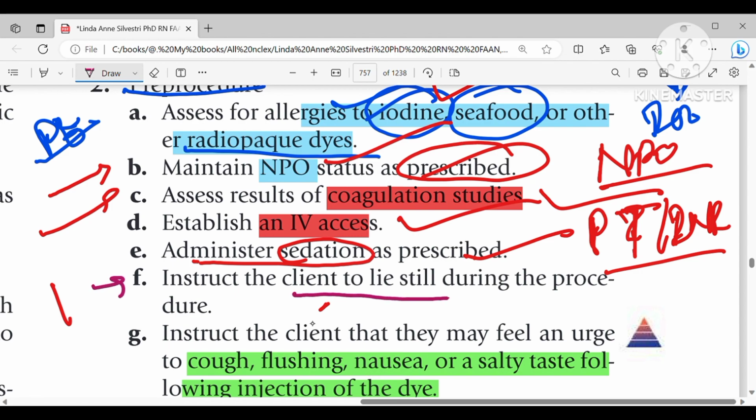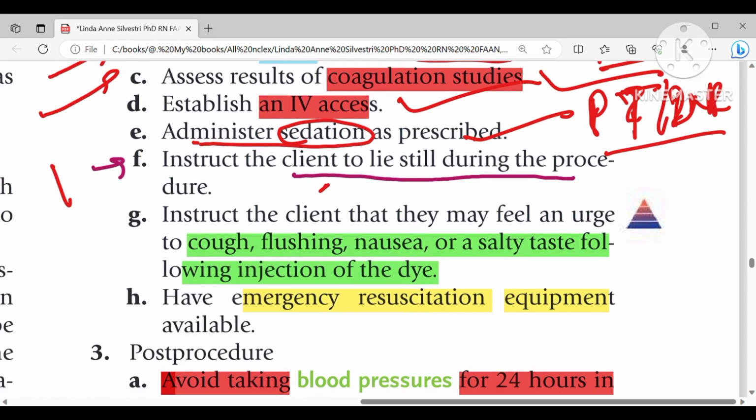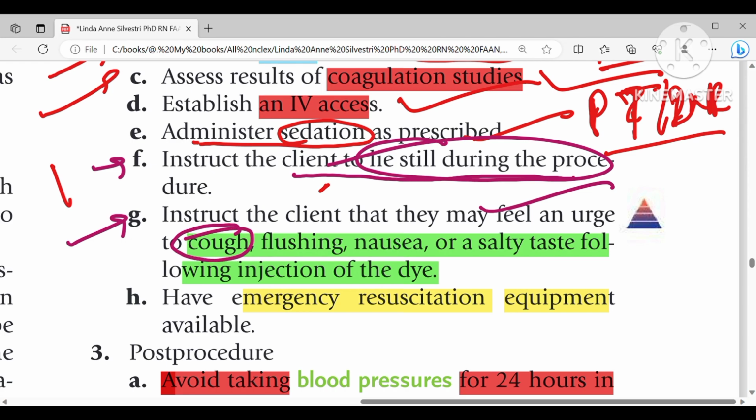Next one is instruct the client to lie still during the procedure. When the patient is going for the procedure, we should instruct him to remain still. Next, instruct the client they may feel an urge to cough. They can feel cough, flushing, nausea or a salty taste following injection of the dye.